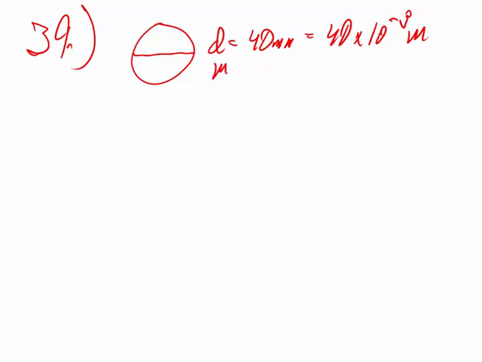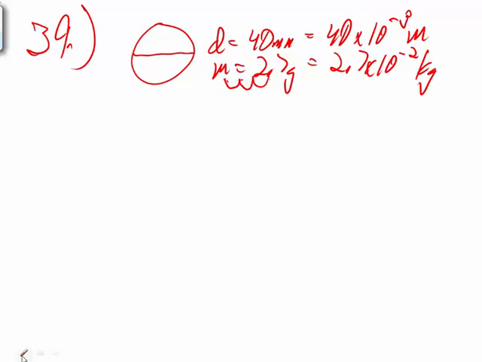And then the mass is what? 2.7 grams, which is 1, 2, 3. That's going to be 2.7 times 10 to the negative what? No, to the negative 4. My bad.